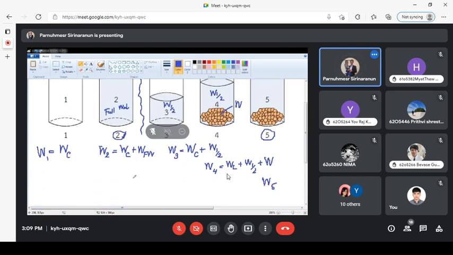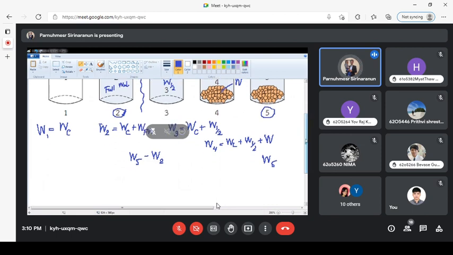Then, the difference in weight between state 5 and state 2, what do you get from that concept? It means what? What did I tell you last time? The weight of material, what alphabet do we use? Tension.